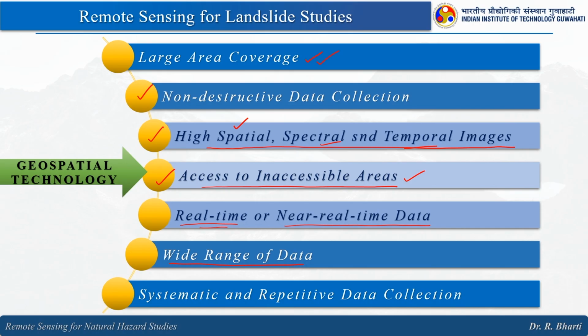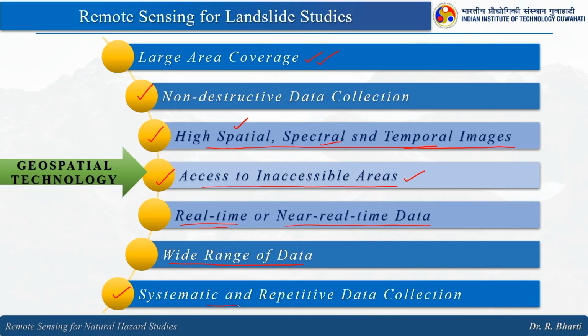All this information gives you different information about the target, and different wavelengths can tell you about different properties of the same material. Depending upon the application, we utilize different wavelength domains in remote sensing. Then there is systematic and repetitive data collection.